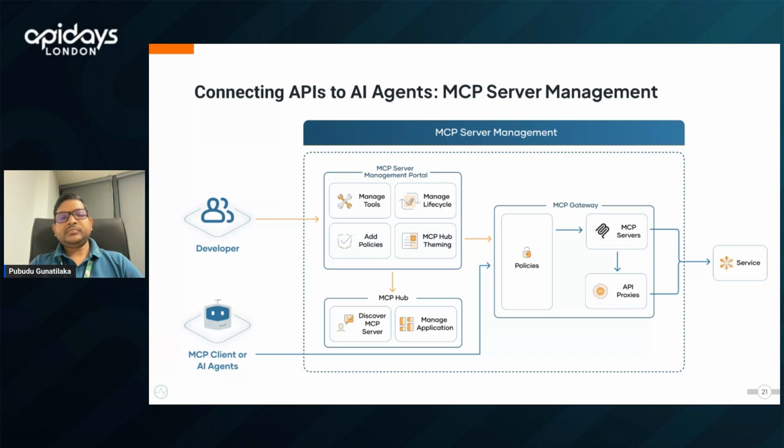Once you develop the MCP service, you push it to the MCP gateway, which helps you with the runtime where you have your MCP service. Then you can apply certain policies as well. The MCP hub contains your MCP servers. That's where agent developers come and discover all your MCP servers. So this is the high-level idea of it.